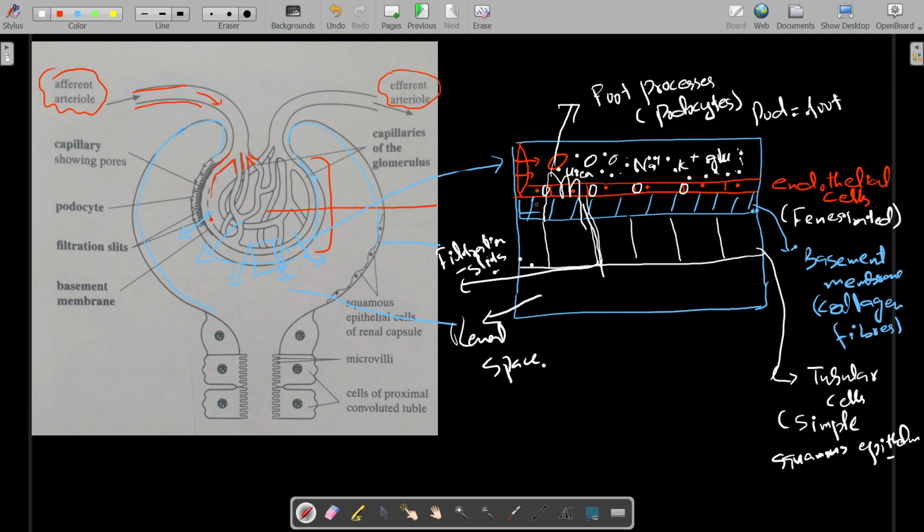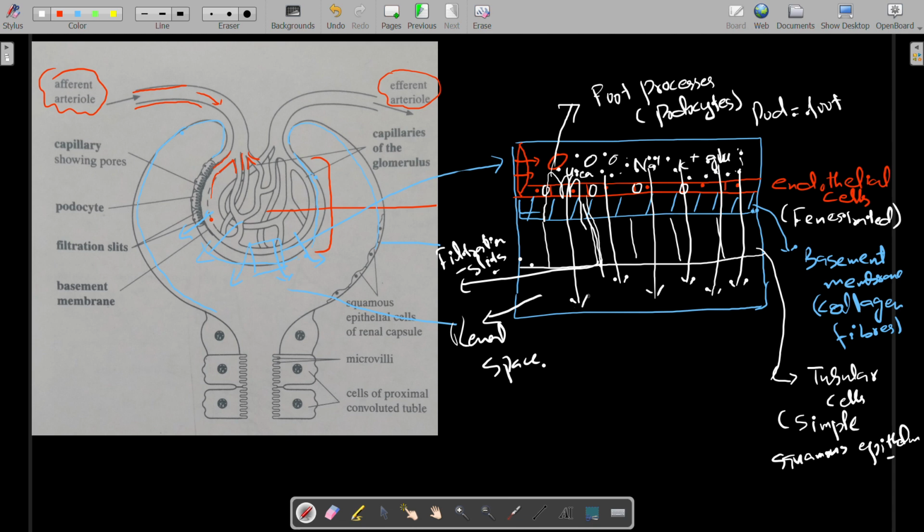The filtrate leaks out through these pores and comes down into this space. Electrolytes, for example Na positive, K positive, will leak out into the space. Glucose will leak out, water molecules will leak out, and urea will leak out. Urea is again a micromolecule. So most of these micromolecules will leak out into the space.